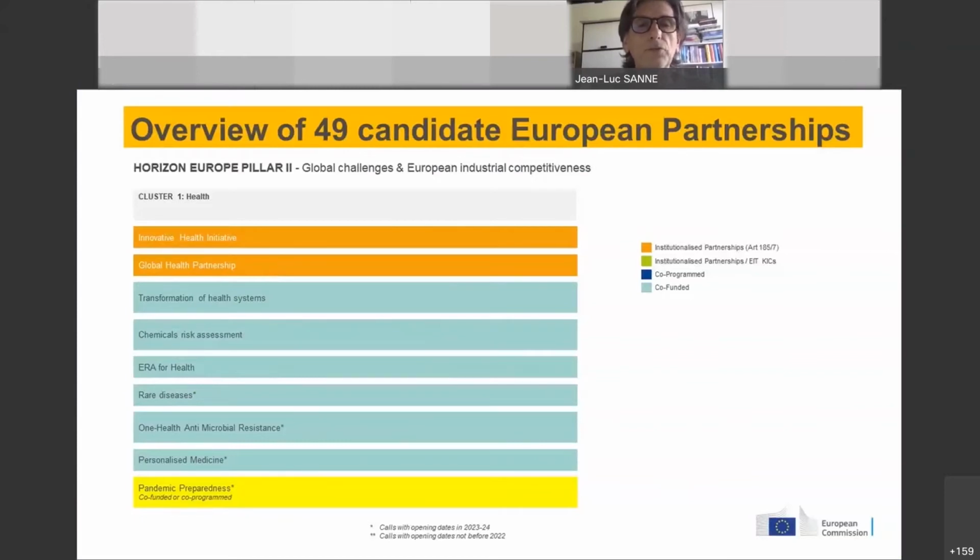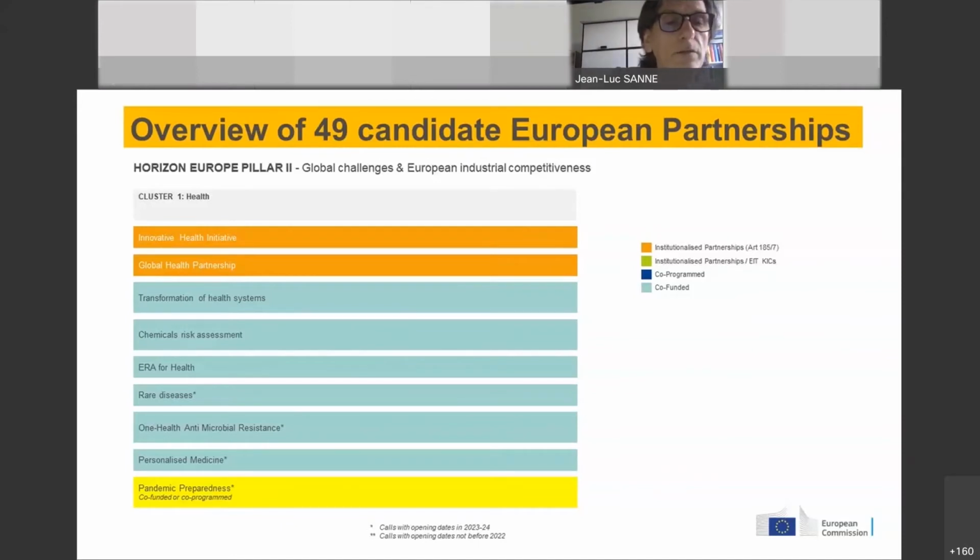You have in health 2 institutional partnerships: the Innovative Health Initiative, which is to a certain extent a continuation of the Innovative Medicines Initiative, and the Global Health Partnership, which is also a continuation of EDCTP. And then you have a number of co-funded partnerships.